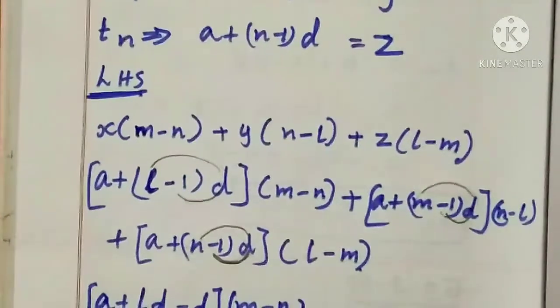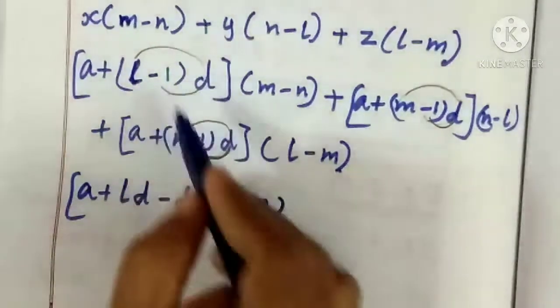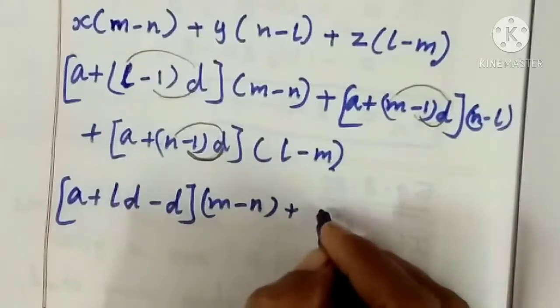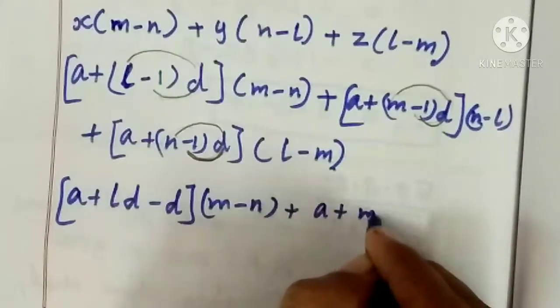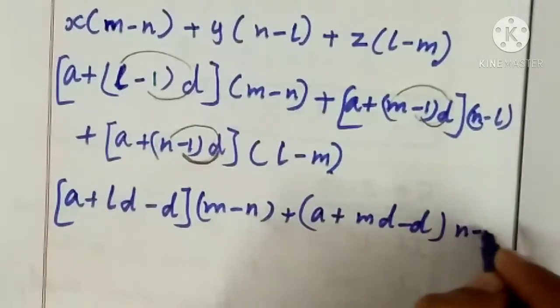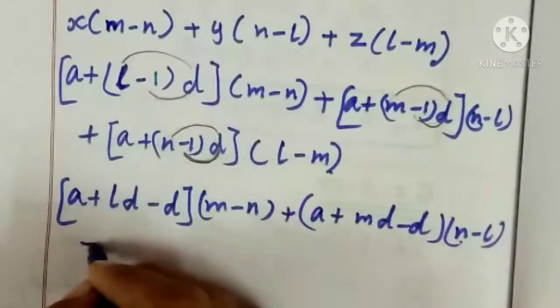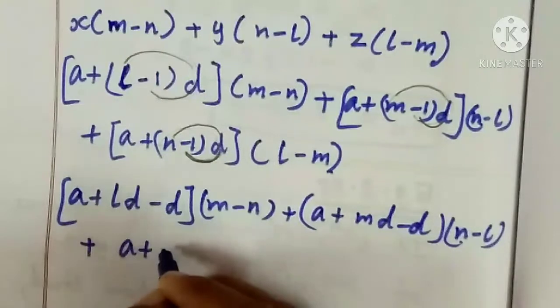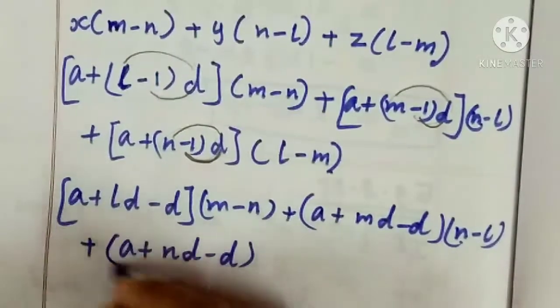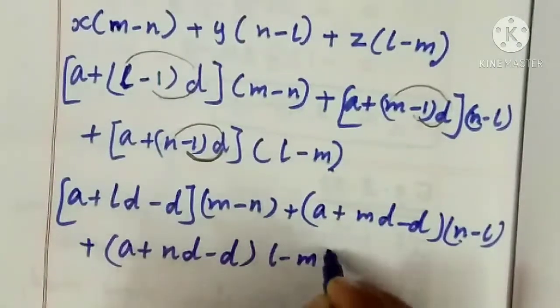So you get a plus Ld minus d into (m minus n) plus a plus md minus d into (n minus L) plus a plus nd minus d into (L minus m).